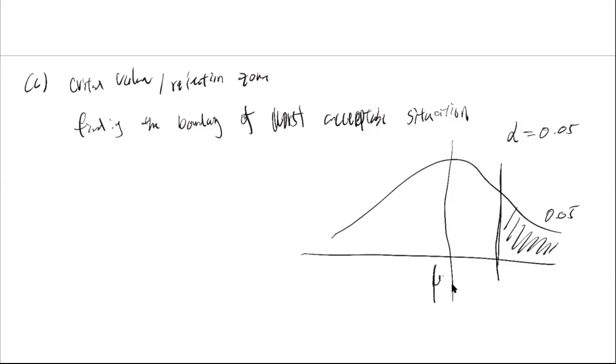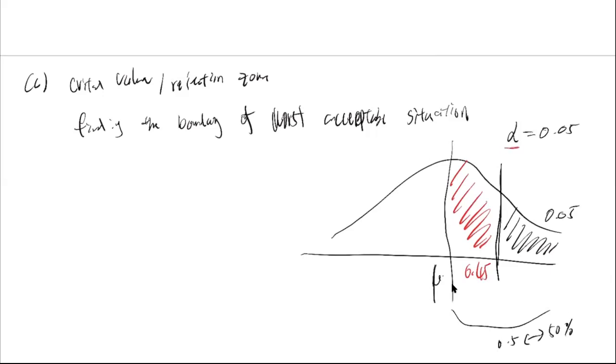So on the right side of mu, there is 0.5 or 50% of the data. So that means in the middle here, there's 0.45, like 45% of the data.